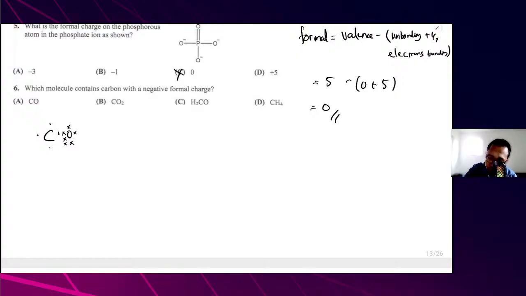So CO will have a triple bond, right? 1, 2, 3, 4, 5, 6, 7, 8. How about O? O will have one lone pair, 1, 2, 3, 4, 5, 6, 7, 8.